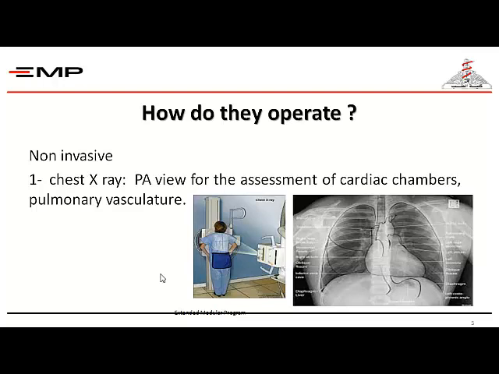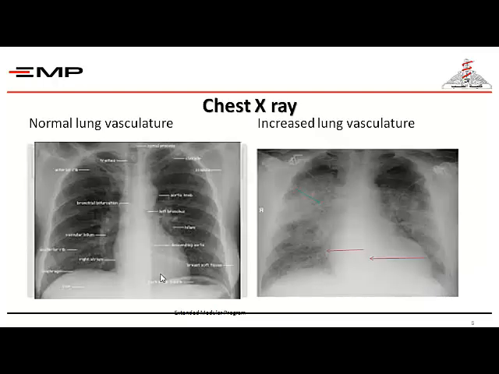It's a PA where the tube of the X-ray is just behind the patient and the film is in front of the patient. The image is taken while the patient is in full inspiration. It gives you a very good idea on the lung vasculature and the cardiac chamber size.